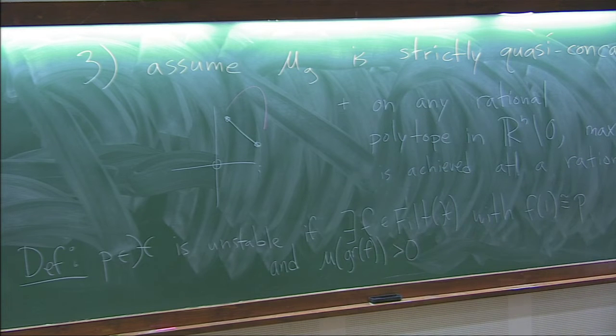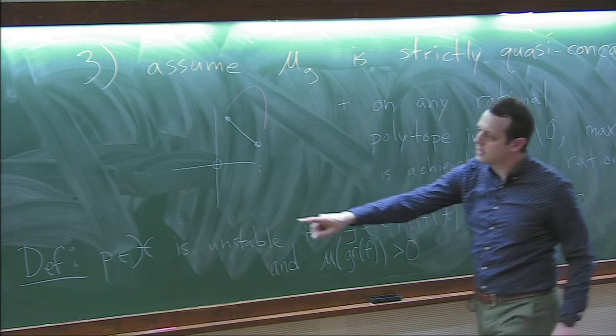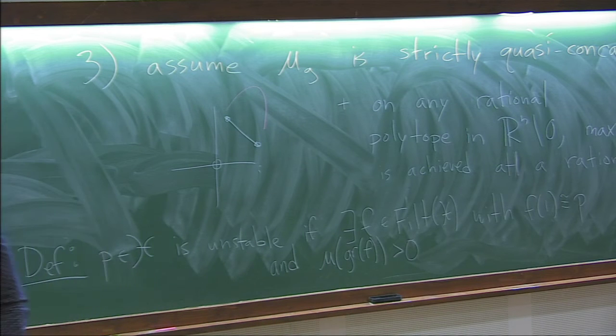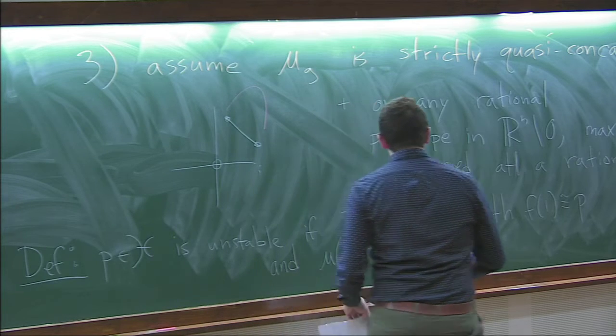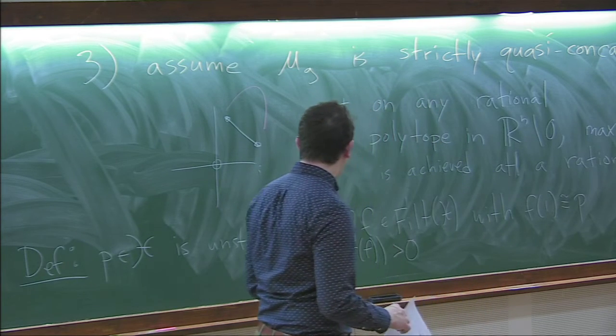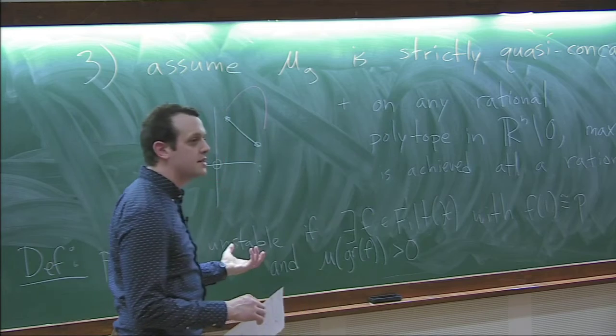So to any filtration, I can restrict to the origin, and that's an object with a canonical Gm of automorphisms. This is supposed to give me just a number. I can take the mu and get that number out, and this is a real number. If it's bigger than 0 for any filtration, that's unstable.